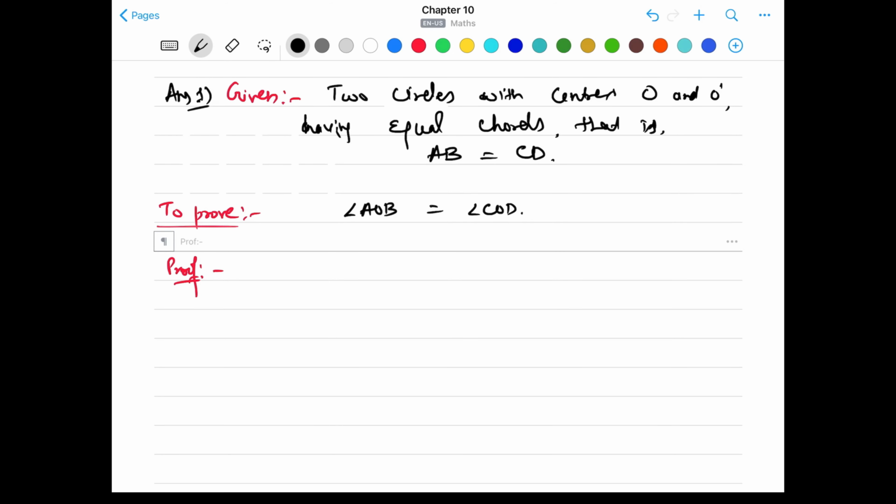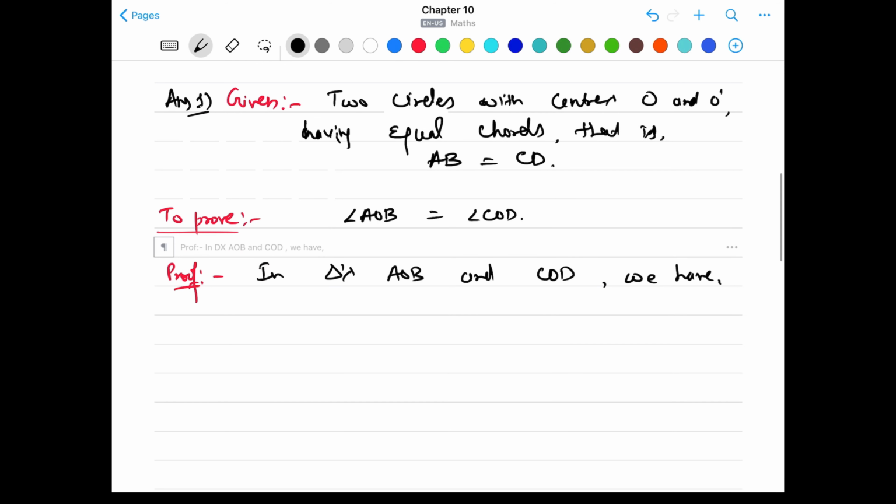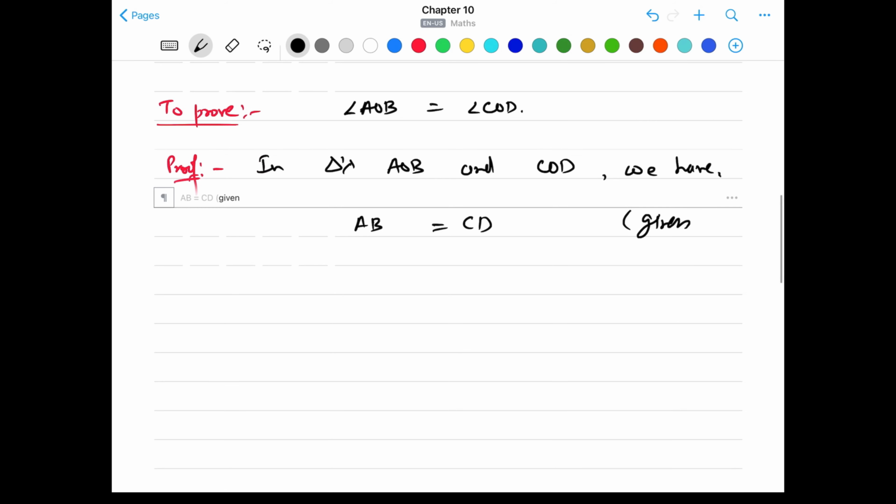So we'll start with the two triangles. In triangles AOB and COD, first we have AB is equal to CD. This is given to us.